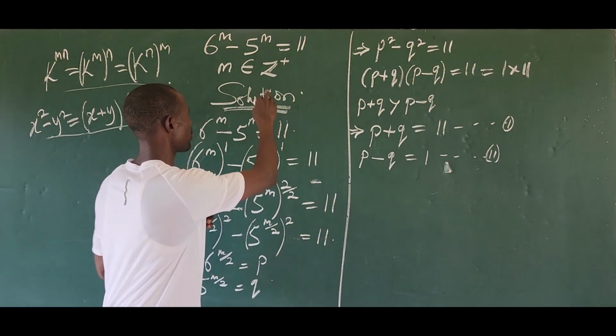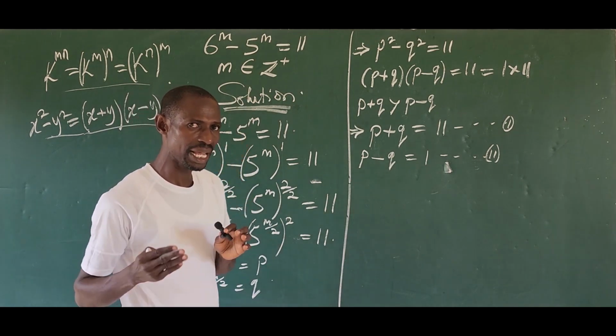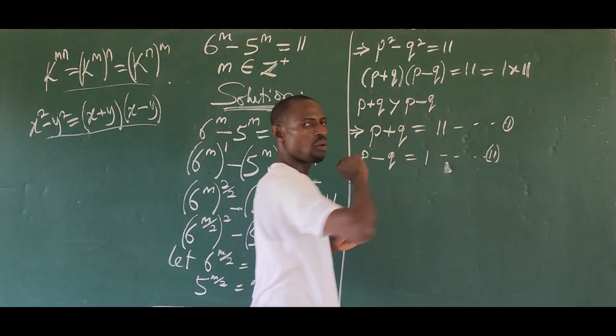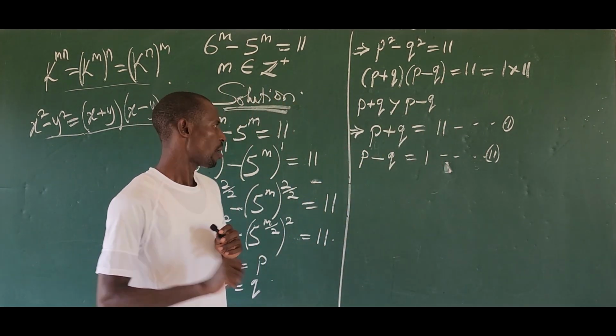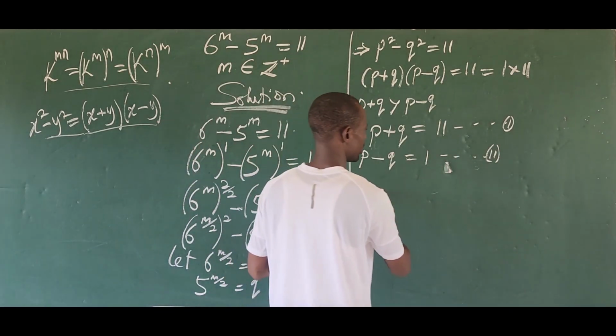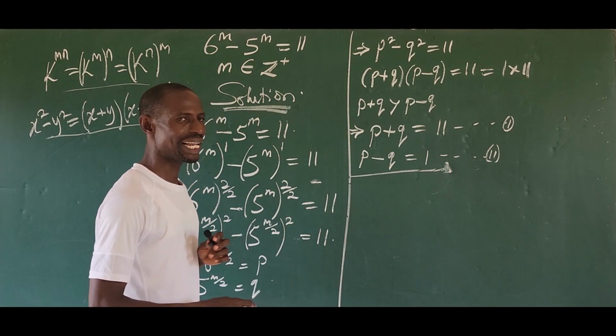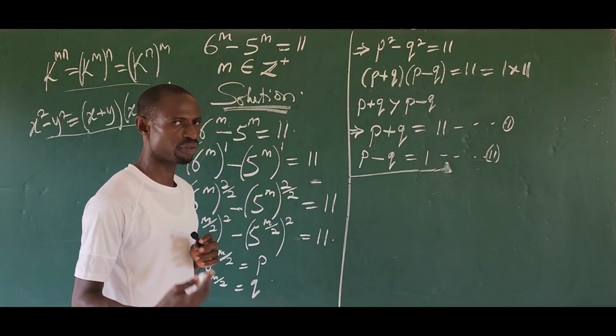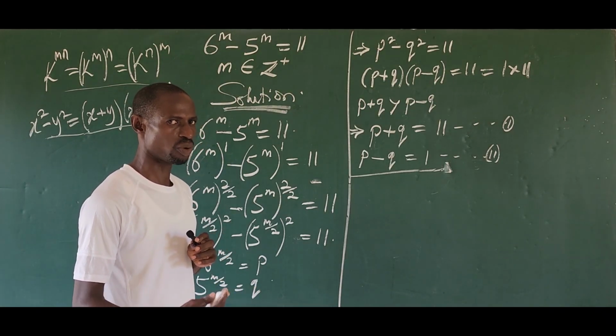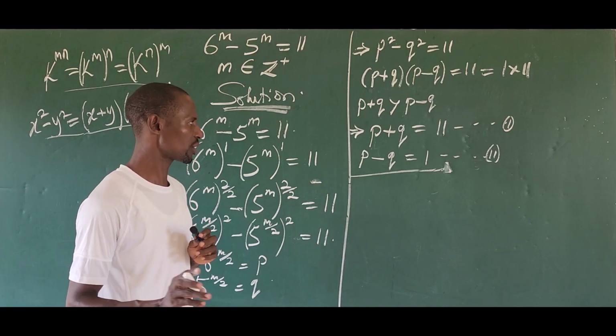But because of what we are asked to look for, we restricted ourselves to only 1 and 11. Okay, now from here, this is a simultaneous equation. So we can solve this by either subtracting equation 2 from equation 1 or adding equation 1 and equation 2. But there are laws in solving this.